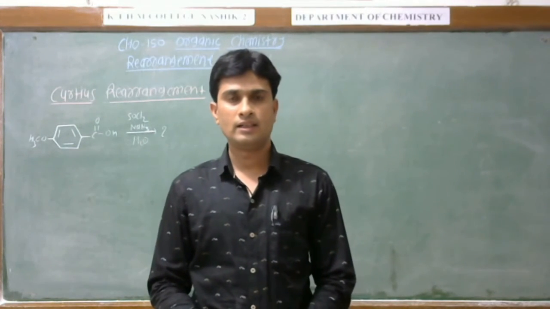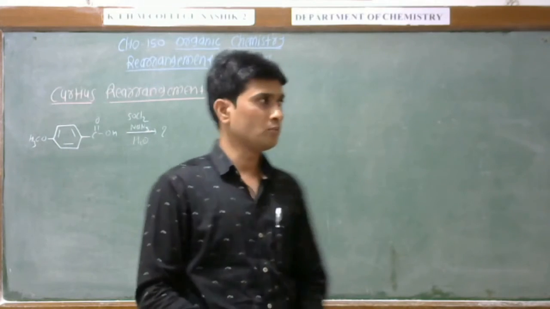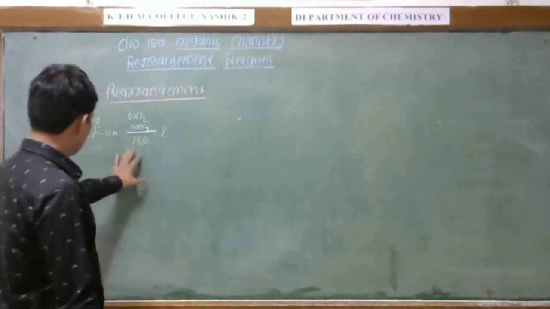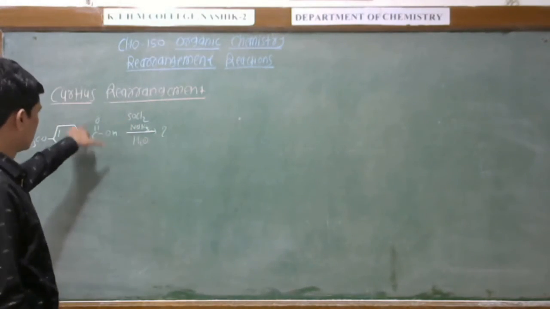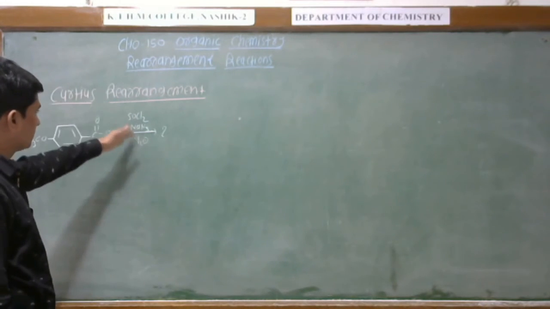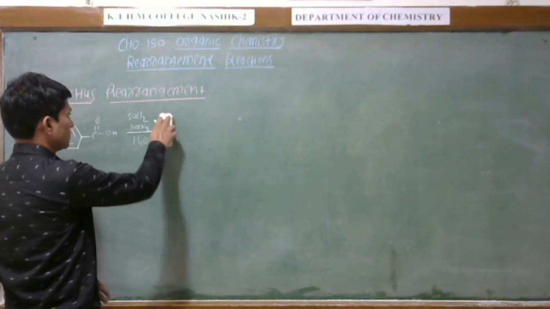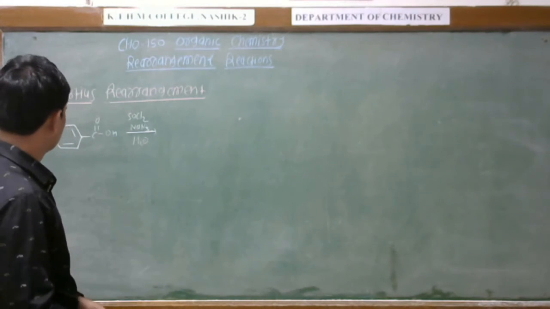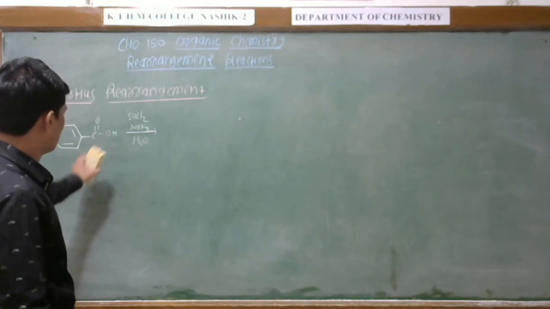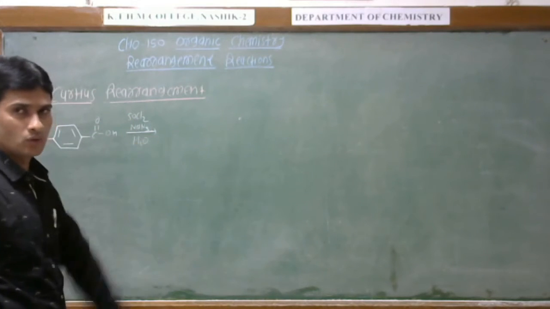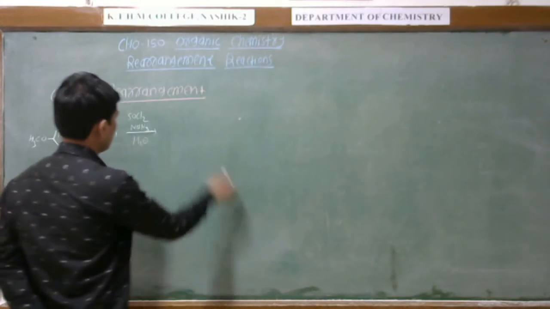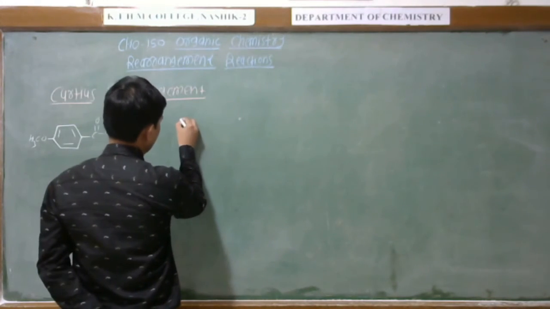Friends, see, this is the example of Curtius rearrangement. Here the given one is acid, and the reagents are thionyl chloride, sodium azide, and water. In between there is heat. Firstly, when acid reacts with thionyl chloride, we know that there is a formation of acid chloride.